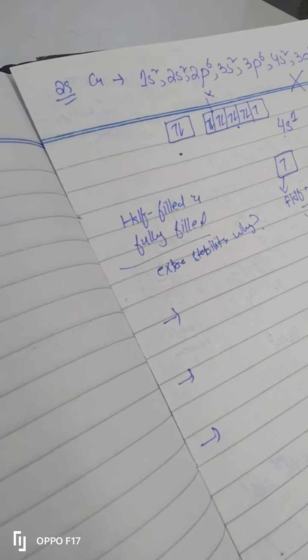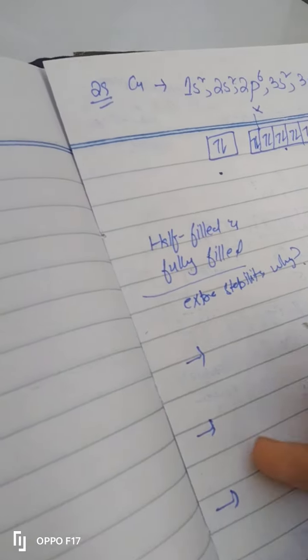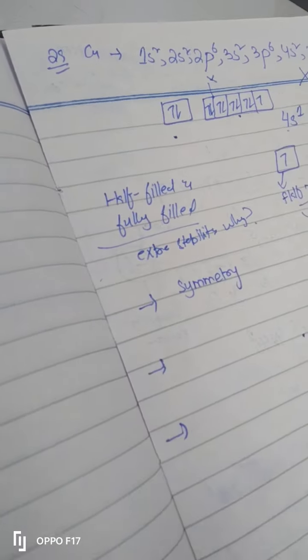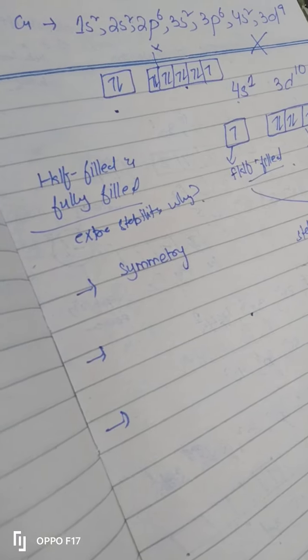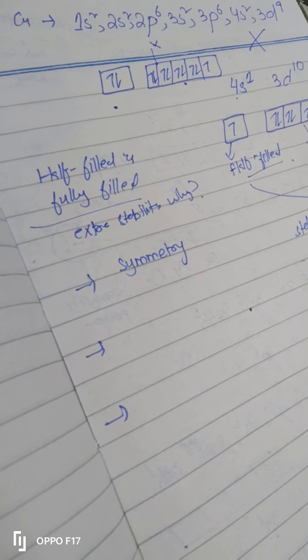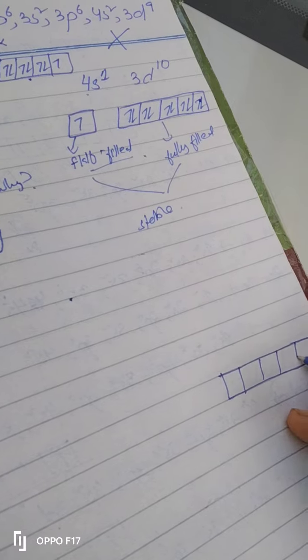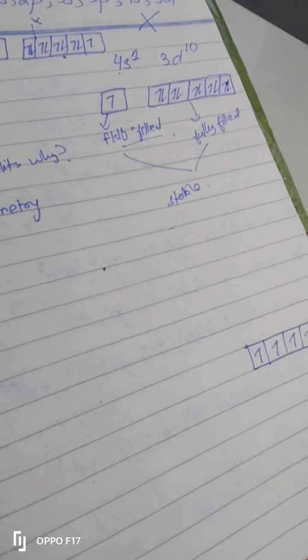Number first is symmetry. How is it symmetry, right? Let's talk about this. When I say that it is half filled, this is symmetry, right?